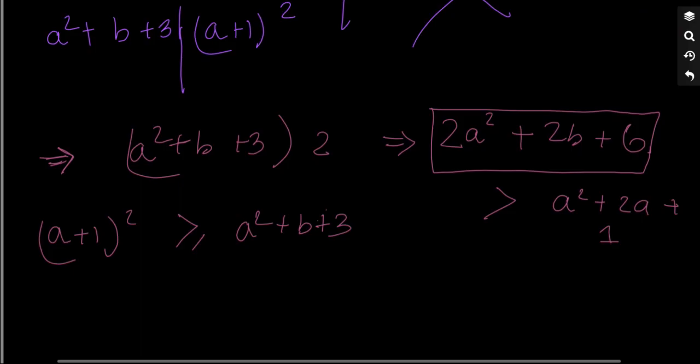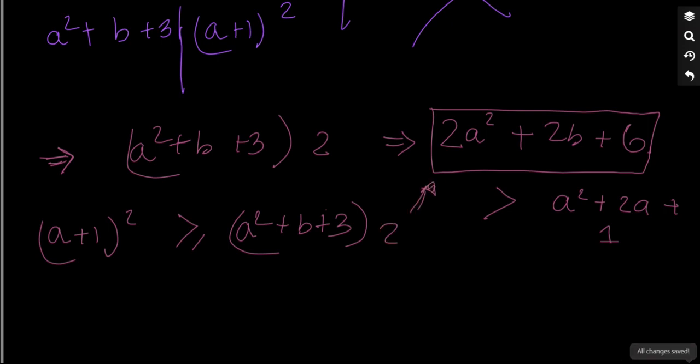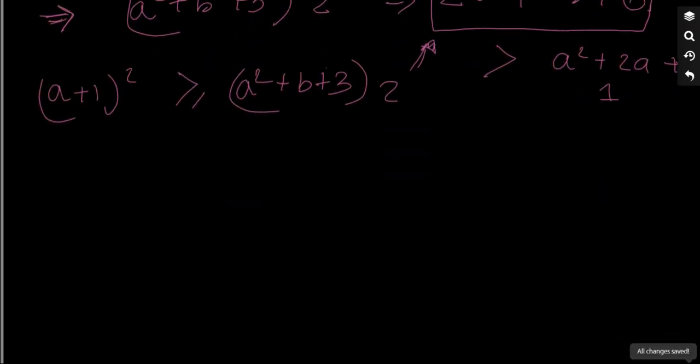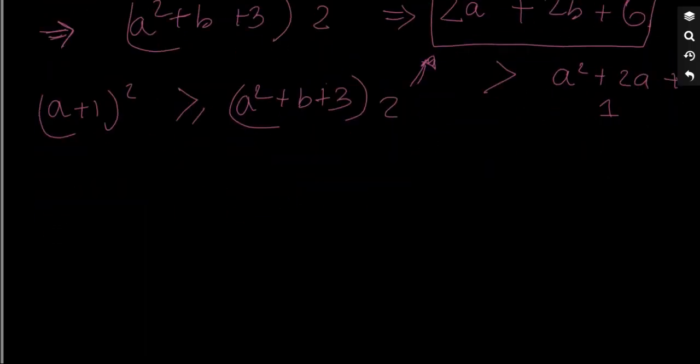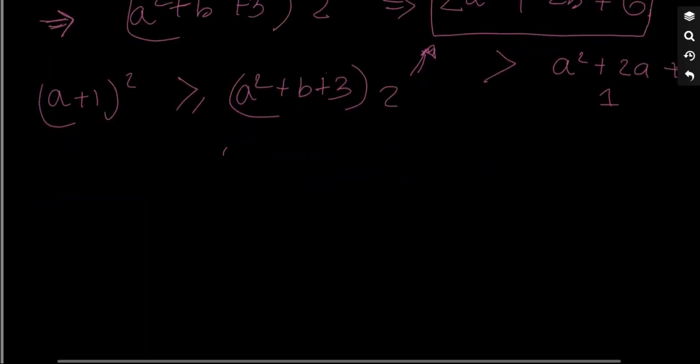So then what I did, I multiplied this whole thing by 2, and I got a term like 2a square plus 2b plus 6. And this is obviously greater than a plus 1 whole square.